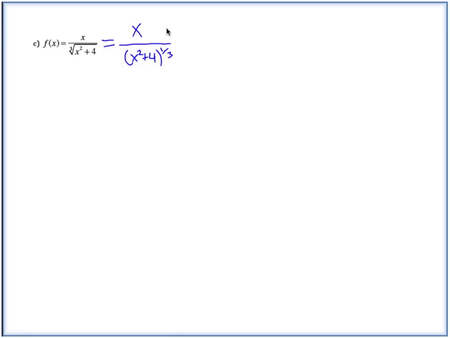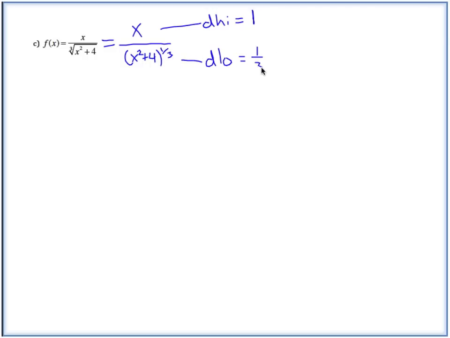So we need to find our d high, which equals a 1. That's an easy one. And we want to find our d low. This one here, we're going to have to use the chain rule. We see our inside function is x squared plus 4, and our power is 1/3. So let's use our general power rule.